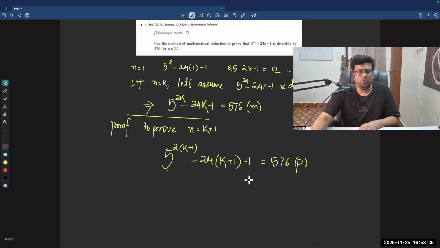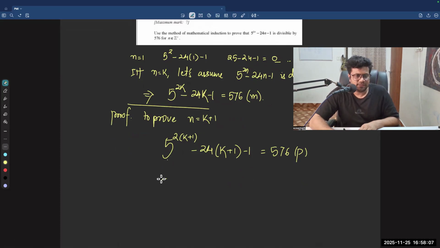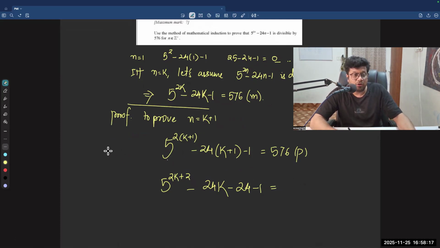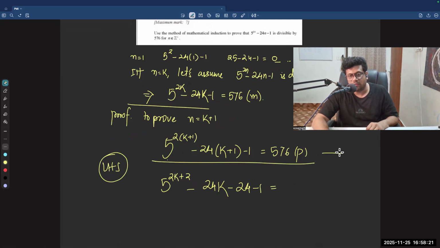Okay, so let's go. I go expand this. This becomes 5 to the power of 2k plus 2 minus 24k minus 24 minus 1 equals, I'm going to go do the left hand side. Okay, that's how you go. This is what you want to prove. I'm going to try to bring this in here on the left side.